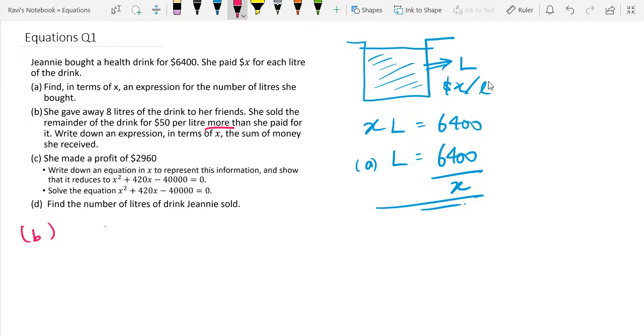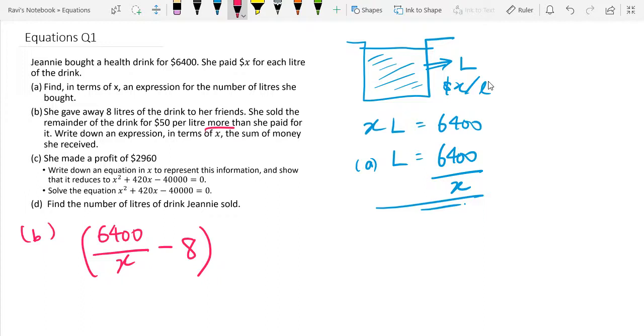So we know that the total number of liters that she originally had was 6,400 over X, which is from part A. And from this total amount, she gave away 8 liters. So this is the total number of liters remaining, and she sold it for $50 more than the original per liter price.